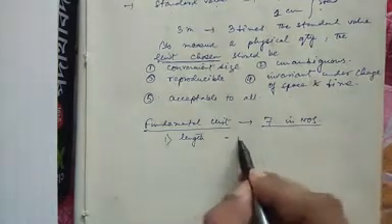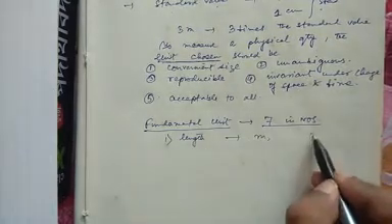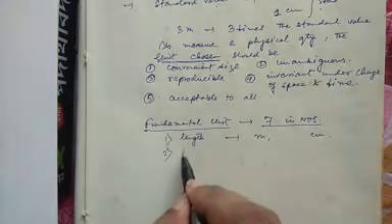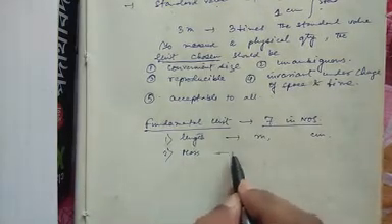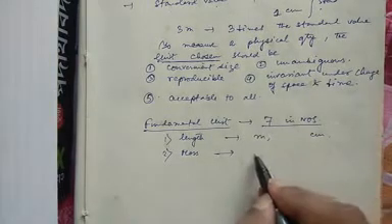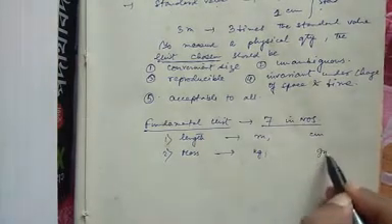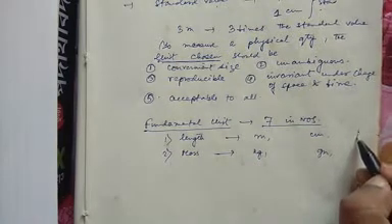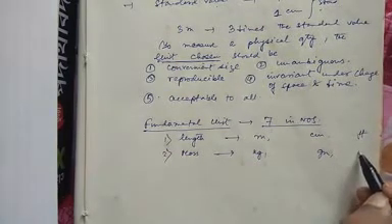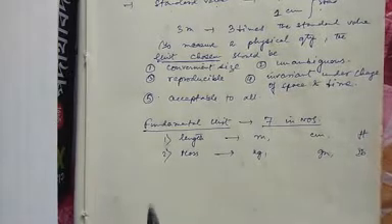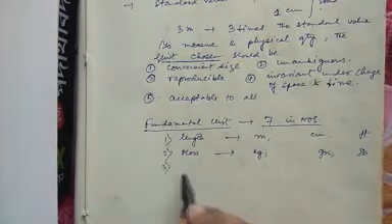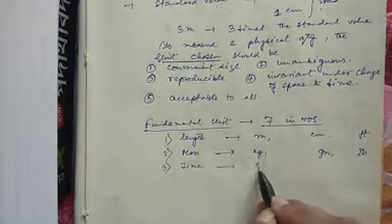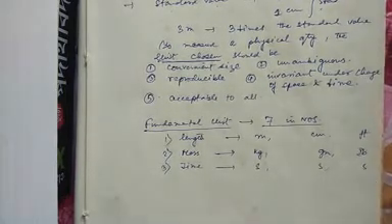The length is basically expressed in meter or in centimeters. The second one we can tell is mass, expressed in kilograms or grams, or here we can write pound. Length, mass, time. Now time remains the same for all: second, second, second.